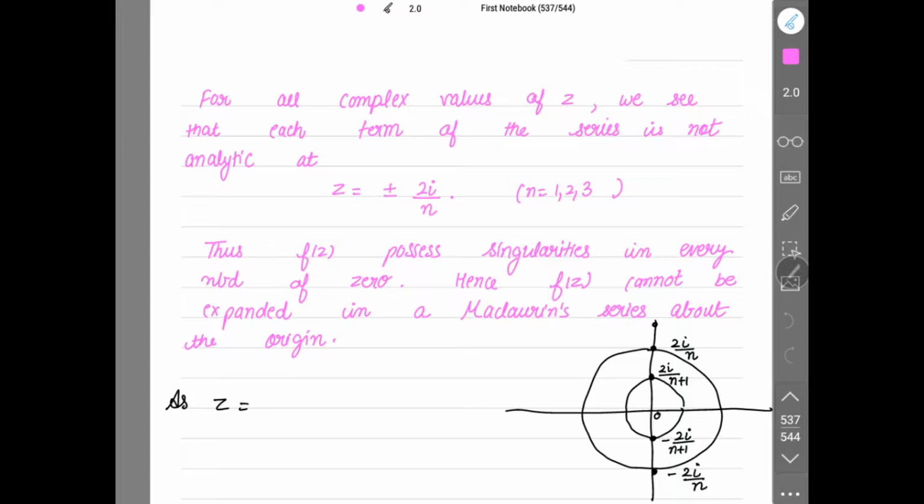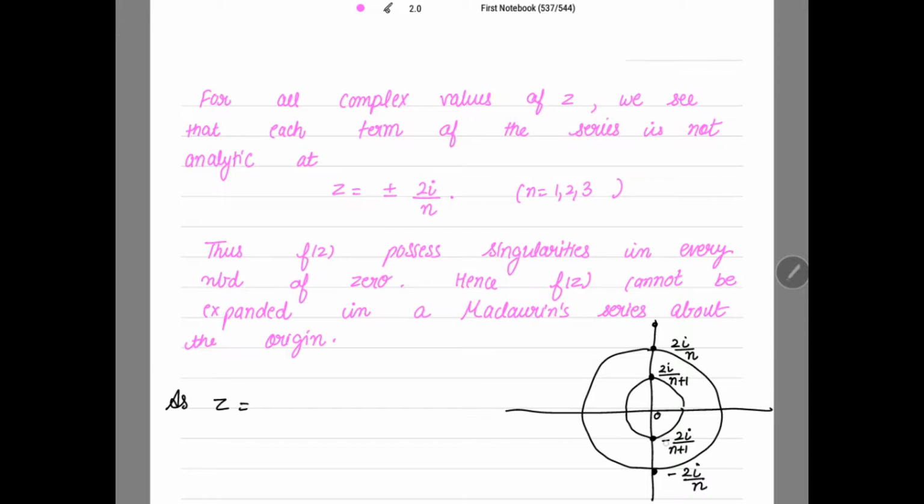At this point the function is not defined, where n is 1, 2, 3 and so on. From the remark, the points where the function is not analytic are the singularities. Thus, f(z) possesses singularities in every neighborhood of 0.